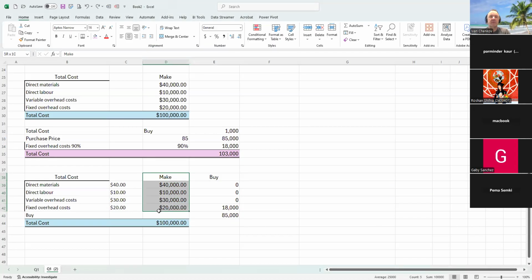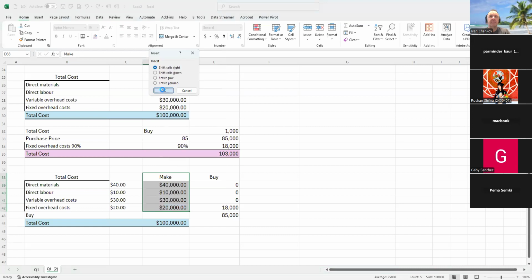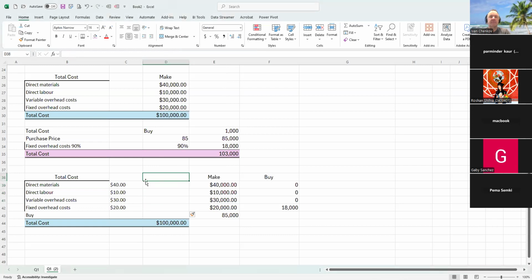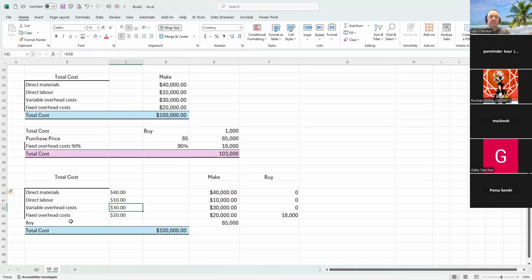Sorry, just improvising at the moment, trying to make it more useful for you. Then we're going to have here the percentage, and the purchase price is $85.